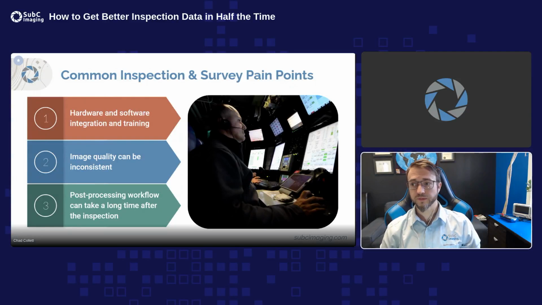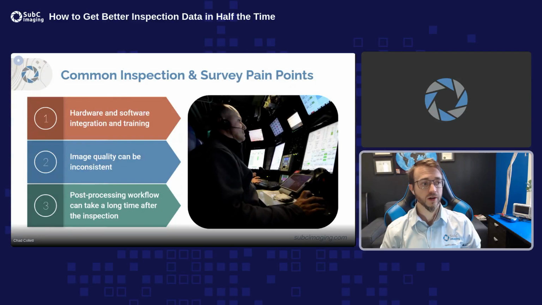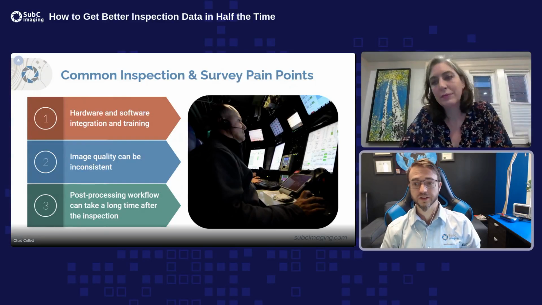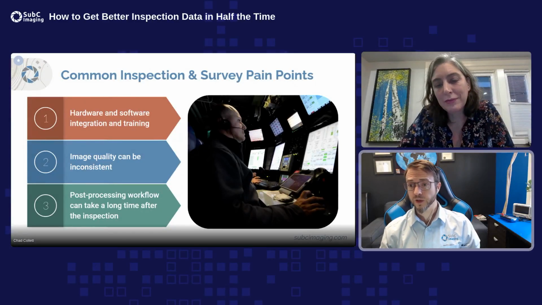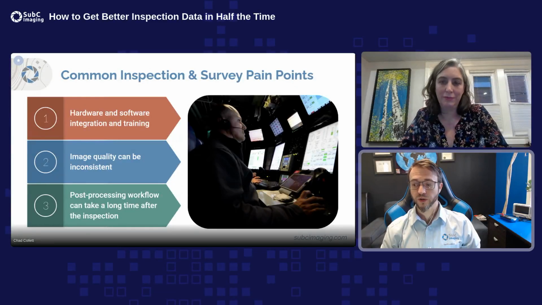There are obviously variables in the water that can affect that, such as turbidity, the conditions, the lighting, and how deep you are. And the third is around processing. When you get back to your office, sometimes it takes weeks to actually process that data. It'll be interesting to see where the poll lands. I'll give people a couple more seconds. So, people voting.